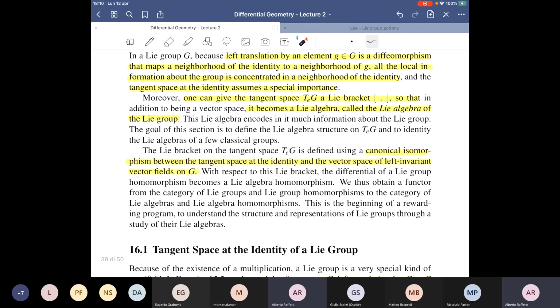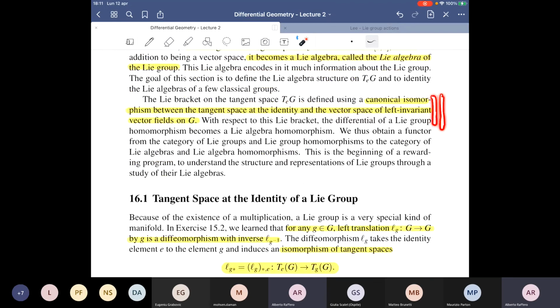And now we will see that one can give the tangent space at the identity a Lie bracket structure, so that it becomes a Lie algebra. And so in particular, you can define the structure of a Lie algebra on the tangent space of a Lie group. It will be what we call the Lie algebra of the Lie group, which is actually isomorphic to a special class of tangent vector fields to the Lie group.